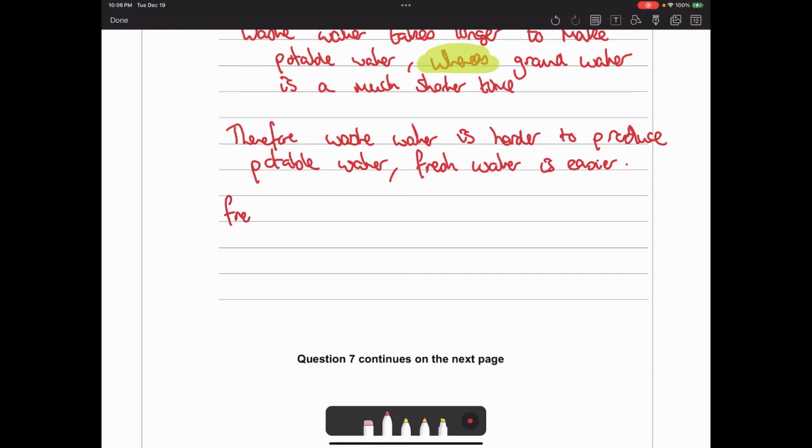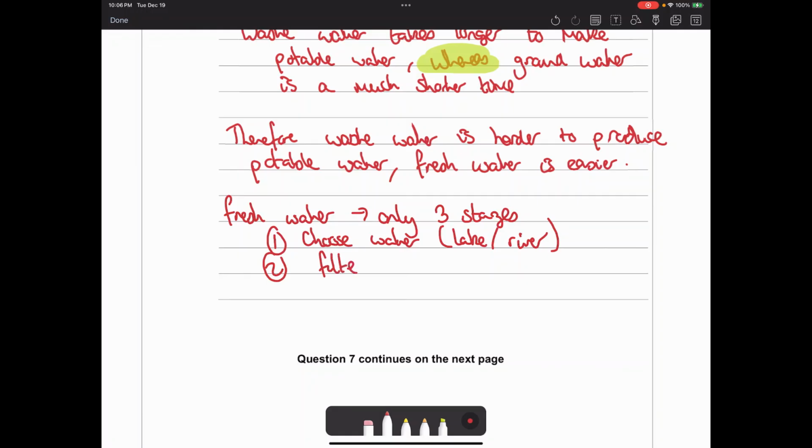So I would be saying, in fresh water, there are only 2 stages really. First stage, you choose your water supply. Is it coming from a lake or river? You would then filter using a filter bed. So you run it through sand and grit, and that removes the solid.